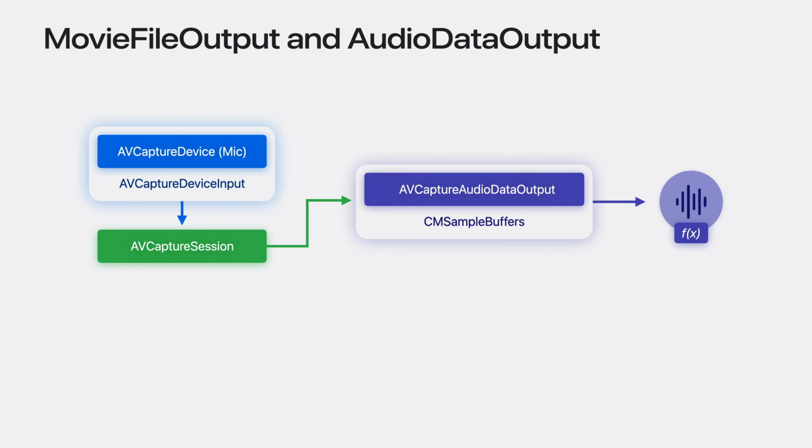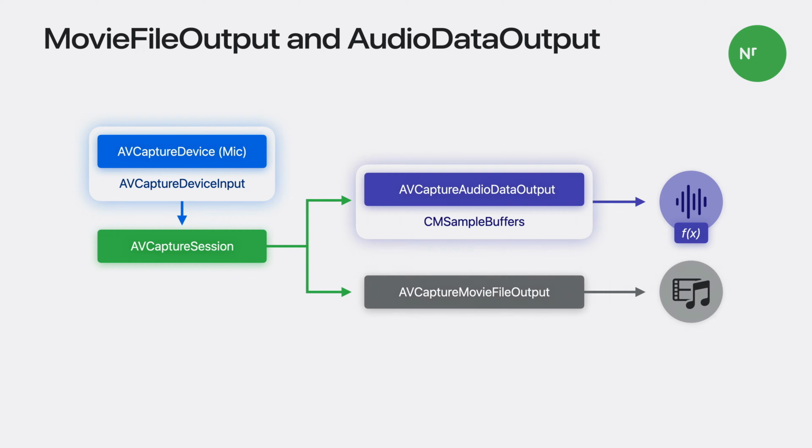In iOS 26, the capture session supports the operation of both the movie file output and the audio data output simultaneously. This means your app can record to a file and process or visualize the audio samples in real time. This update gives you more freedom to add those surprise and delight elements to your app.